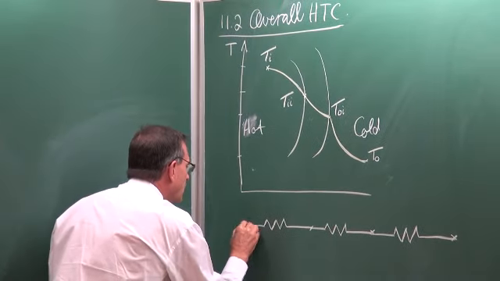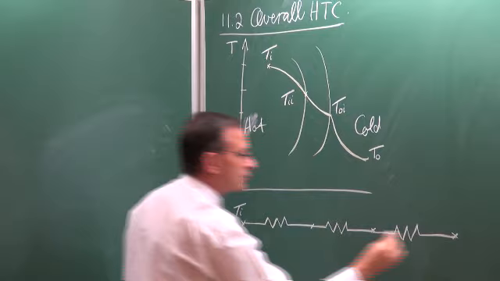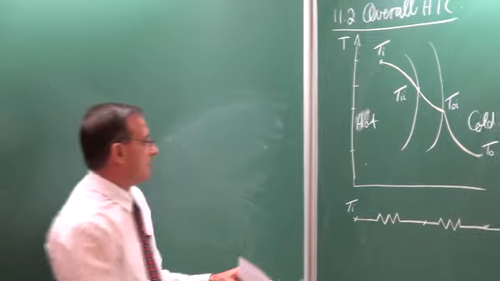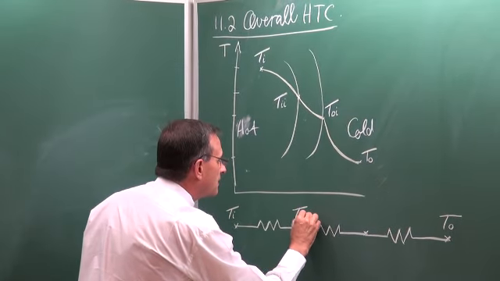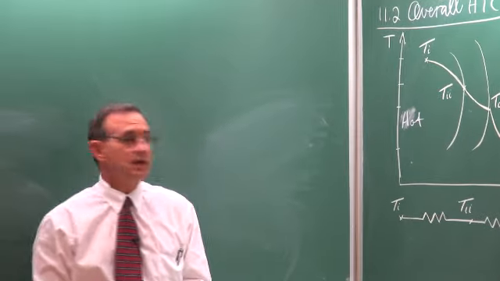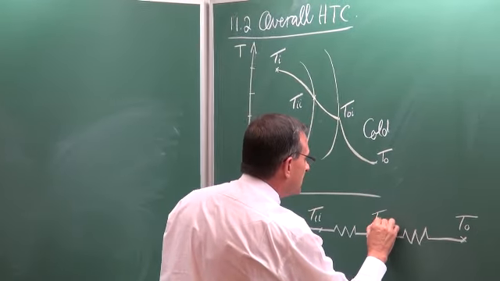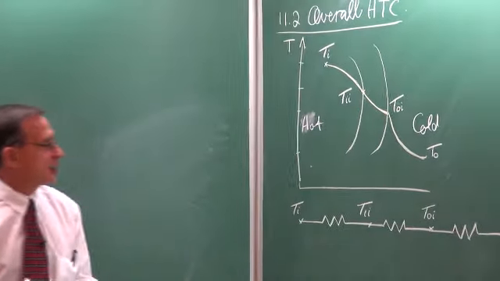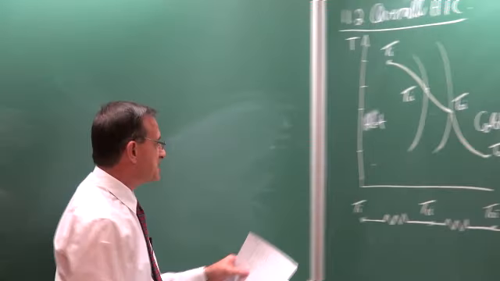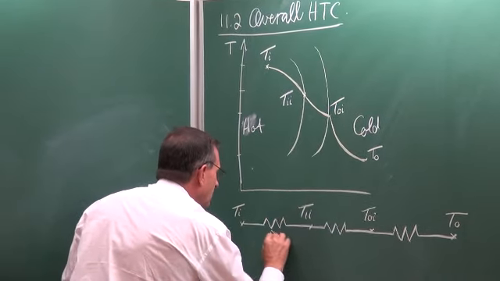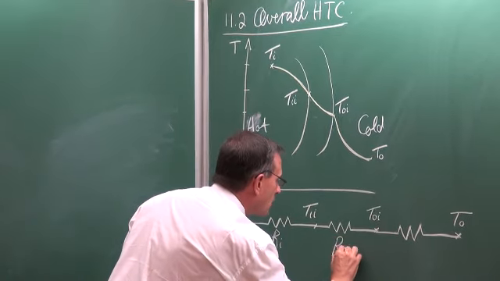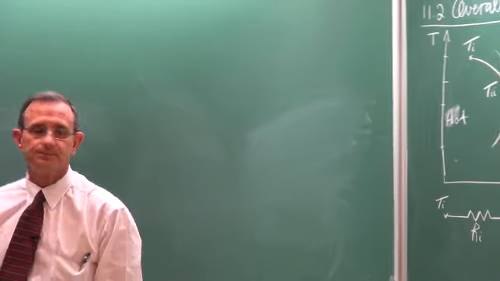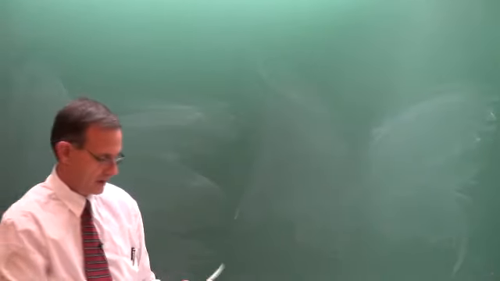This temperature would be Ti, that one there, and that one would be T0. This temperature here would be the inner temperature of the inner wall, and that is going to be the temperature on the outside of the inner wall. And our three resistance terms would be the inner resistance, the wall resistance, and the resistance of the outside fluid. We've done this many times.